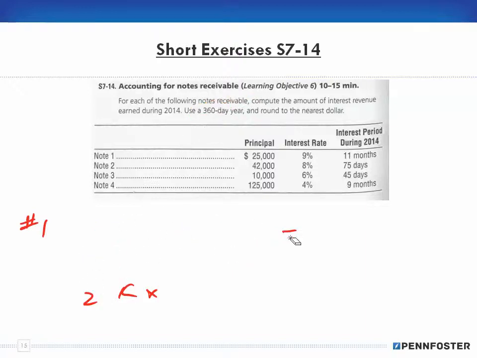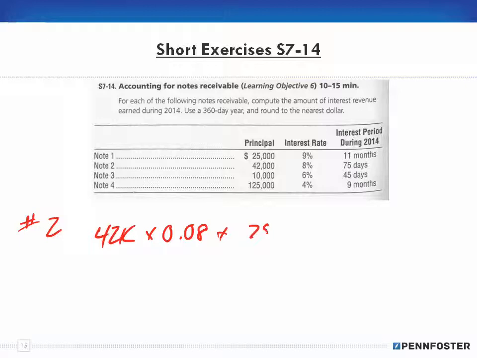Okay, number 2. I have 42,000 times 8%, 0.08, times 75 days over 360. So again, here we're just doing the easy math.